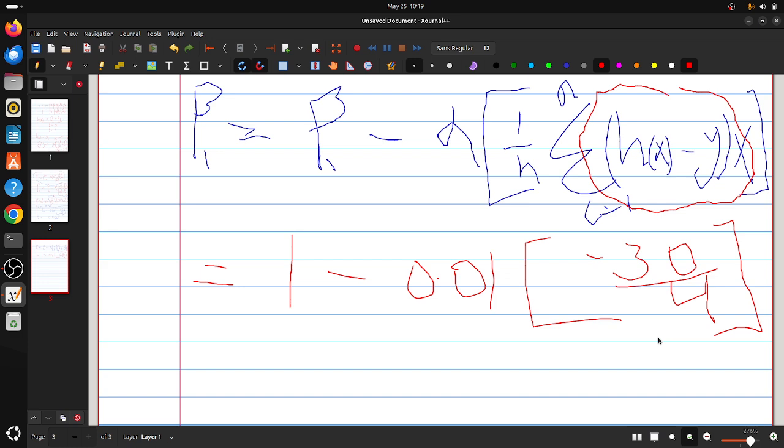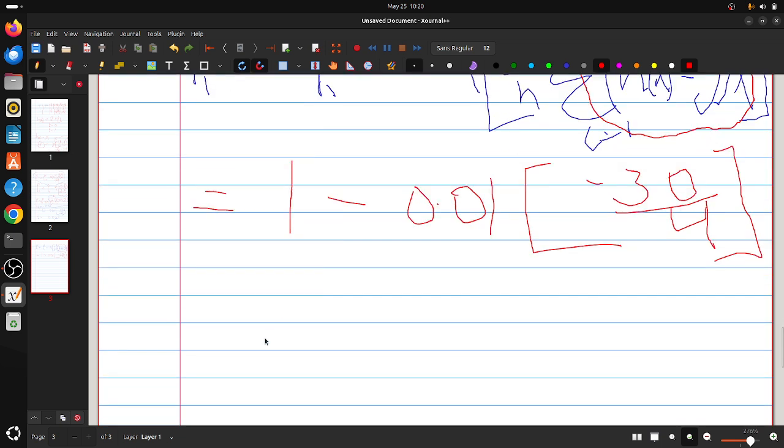So 7.5 times 0.01 plus 1. The new value of beta 1 is going to be equal to 1.075. You see, the value has increased.